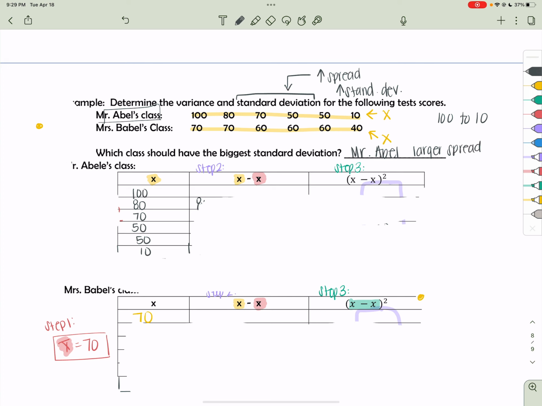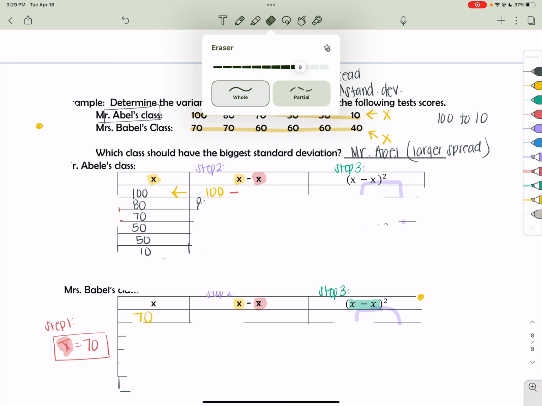So what I want you to do is pause the video and see if you can find the variance and the standard deviation for each. Before you pause, I want to do the first row of Mr. Abel's class just to remind you. I've got my data down the left-hand side, and then in that first column, I'm going to subtract the data point, 100, which came from right there, minus X bar. Well, I went ahead and found X bar for you.